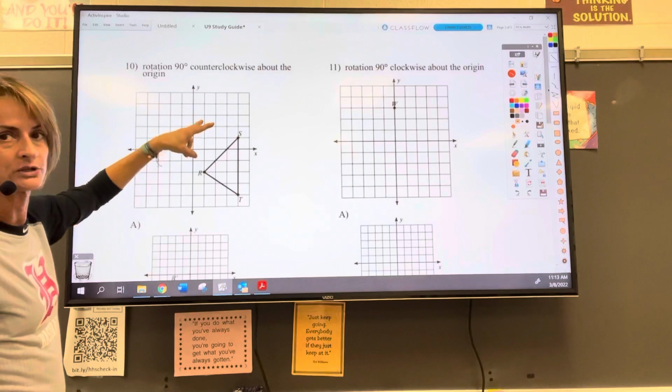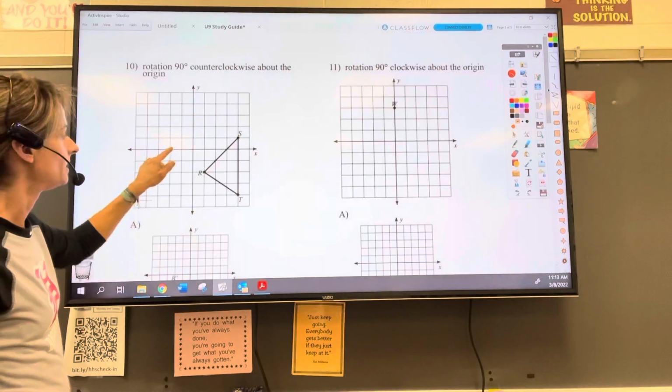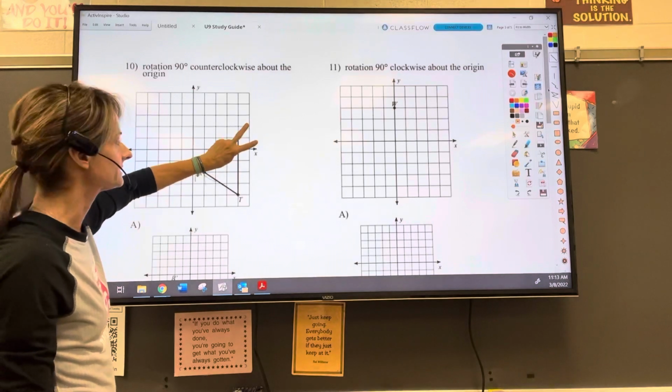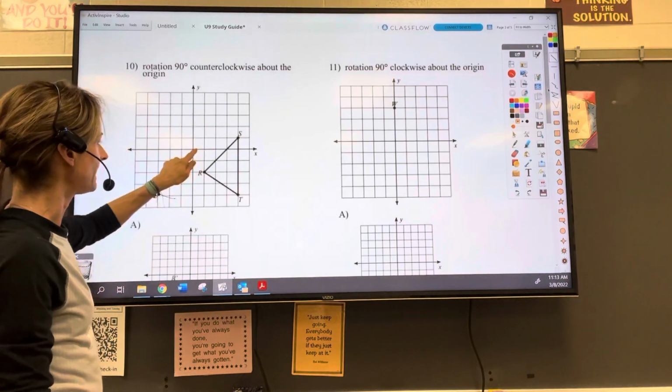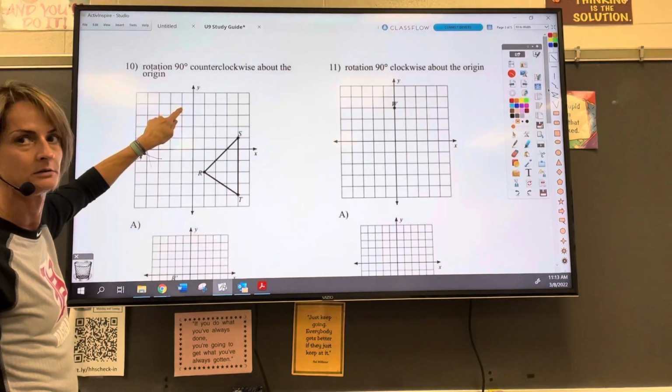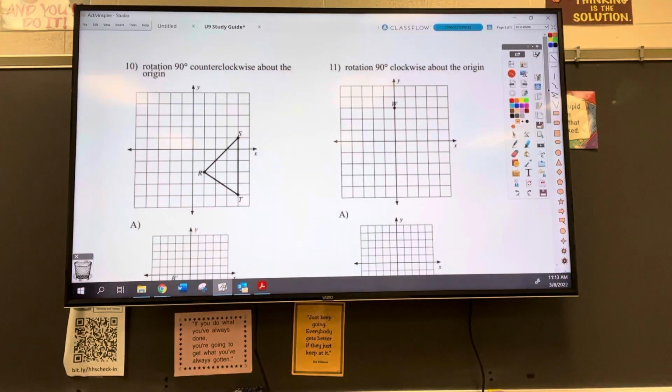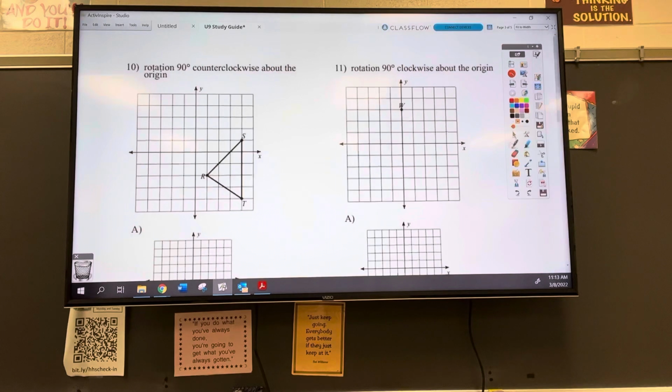The X and the Y coordinates are going to switch. So S is at 4, 1. It's going to switch, and that's going to be at -1, 4. Let me draw this. S is currently at 4, 1. So that's going to switch, and that's going to become -1, 4.